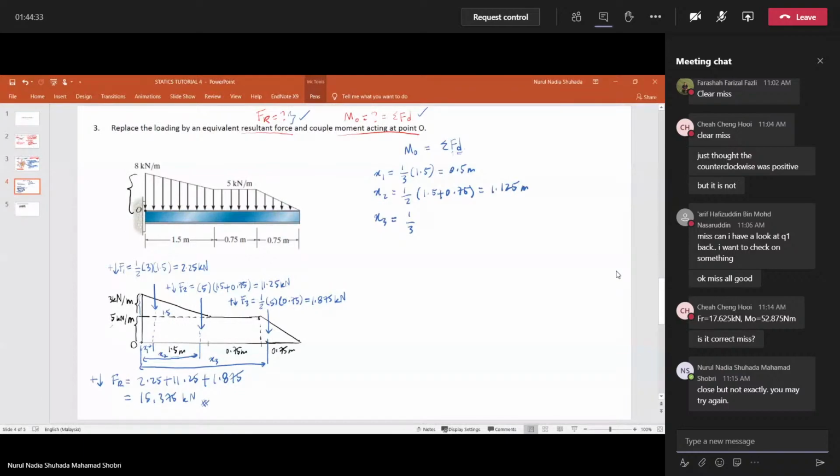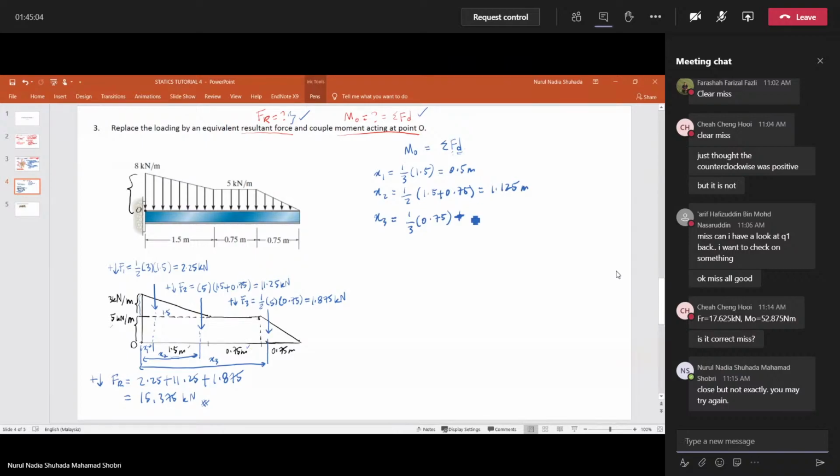Sorry, because this one is from point O, you guys have to add this point and also this point. So plus 1.5 plus 0.75, then you guys will get 2.5 meter.